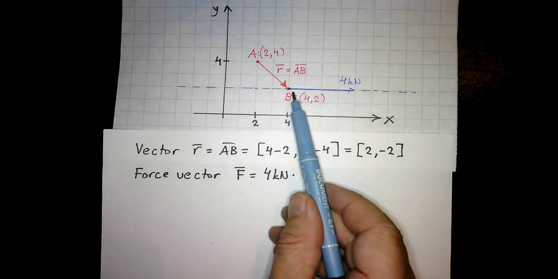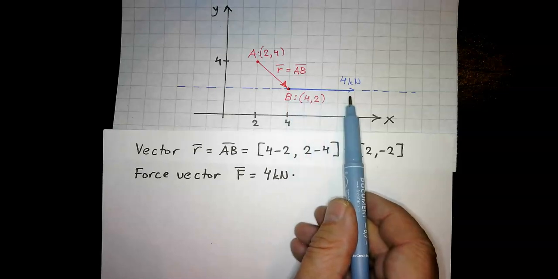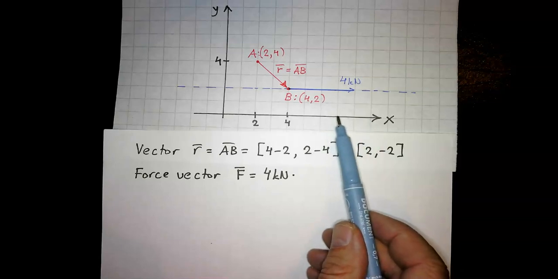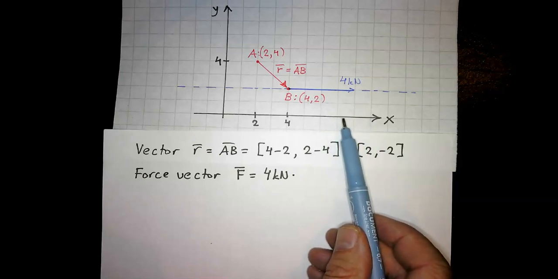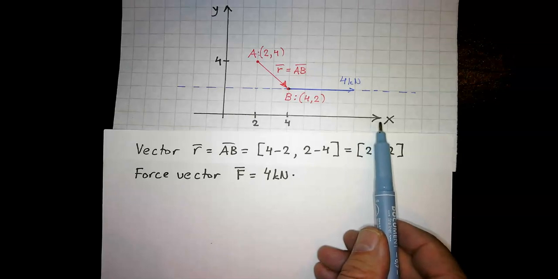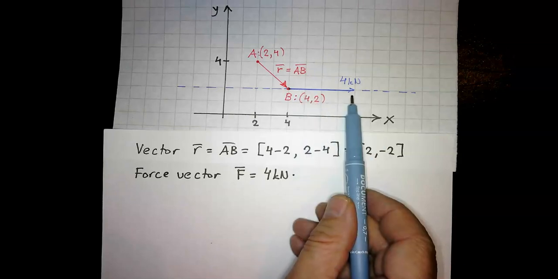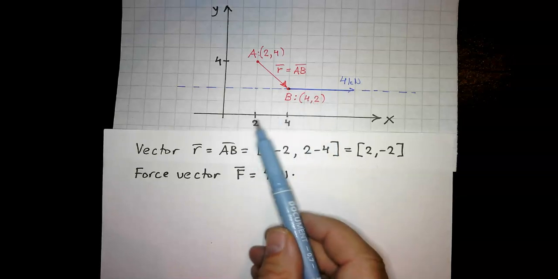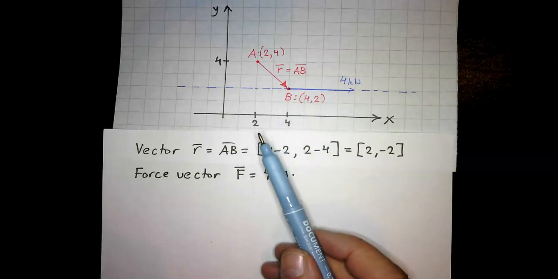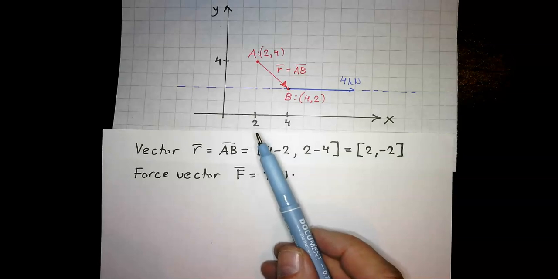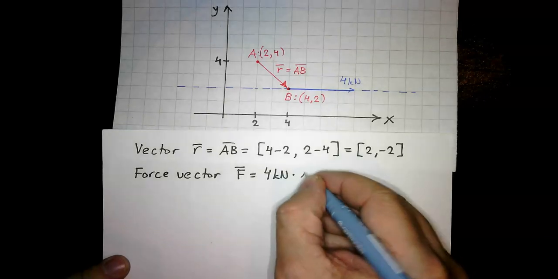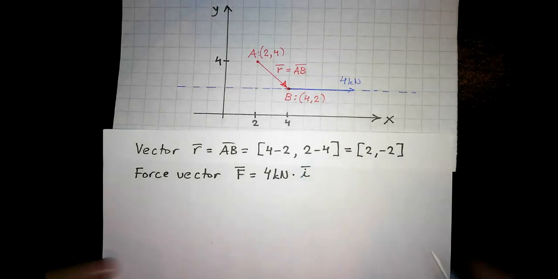We can see that it is going in the direction of the positive x-axis. The positive x-axis is oriented to the right in this picture, and this has the same direction. So it has the direction of the positive x-axis, and the unit vector I is the direction of the positive x-axis. So the force vector will be 4 kilonewtons times I vector.